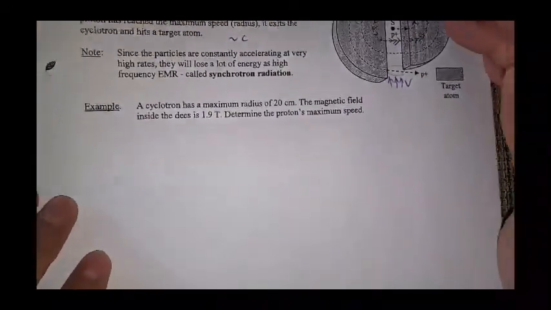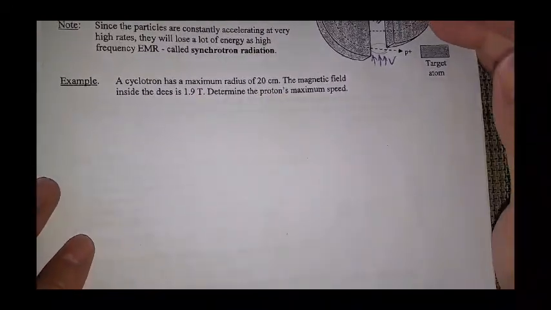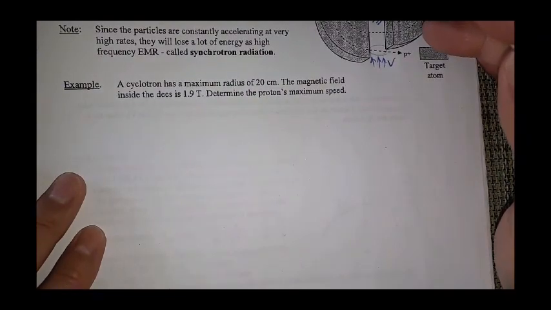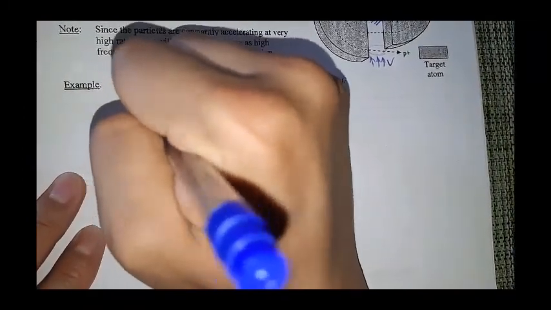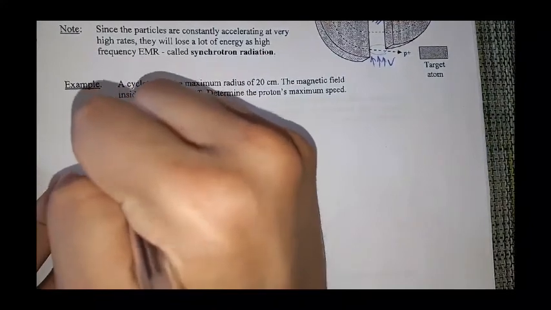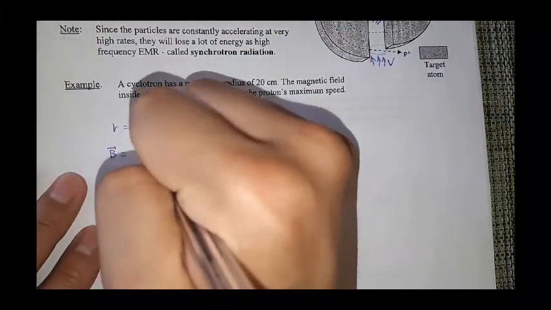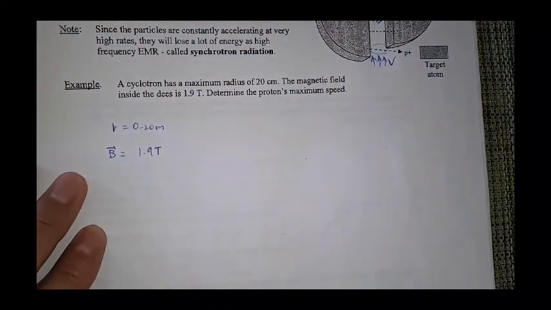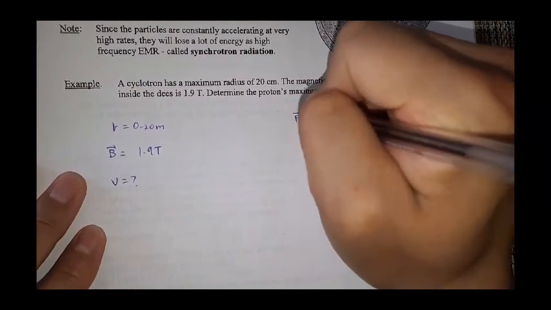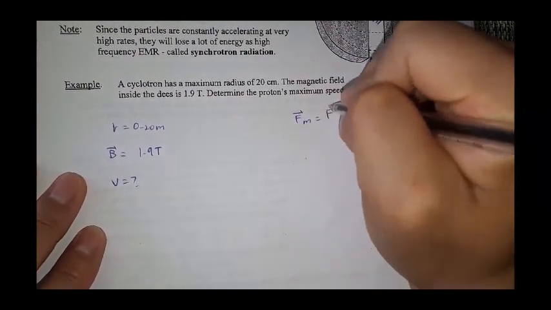So let's look at that. A cyclotron has a maximum radius of 20 centimeters. The magnetic field inside of the D is 1.9 T. Determine the proton's maximum speed. So, let's look at the force perspective.